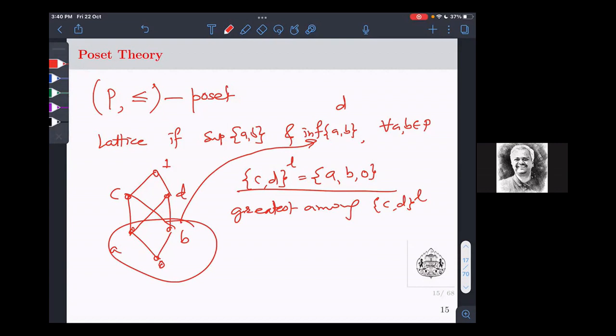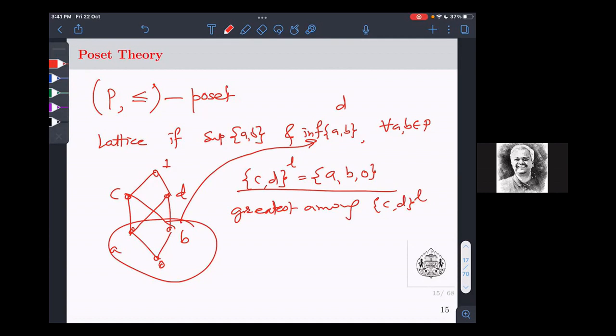So this is a poset which is not a lattice, because C meet D is not there. So you must get the infimum of any pair of elements. So CD is a pair whose infimum is not there. Similarly, I can go one step ahead and I can say that for A, B, its join is not there.